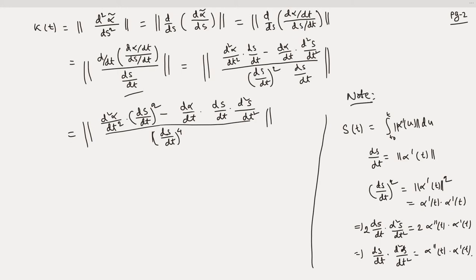Now this equation gives ds/dt squared, which is equal to the norm of alpha prime of t squared.